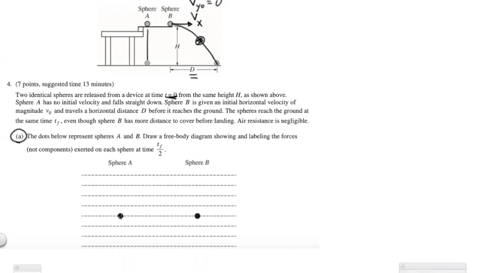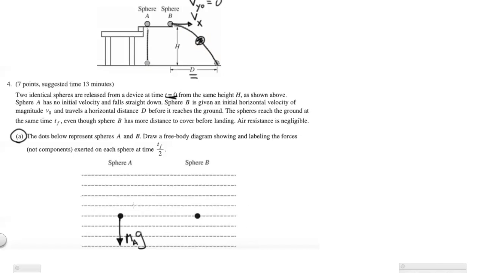So sphere A is represented by that dot. The only force acting on sphere A is the force of gravity, which can be represented with mg. Well, let's call that mass of A times g. Now, sphere B, if it's identical, now notice they gave us these grid lines right here. The purpose of these grid lines is to make sure we're showing magnitude of the force.